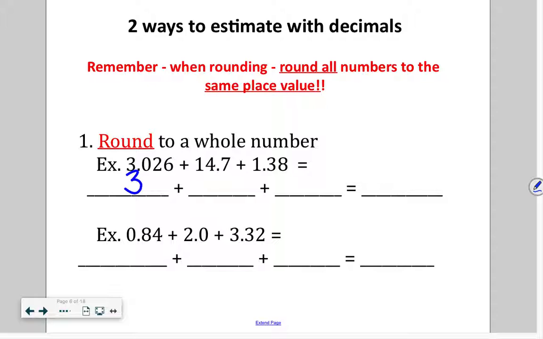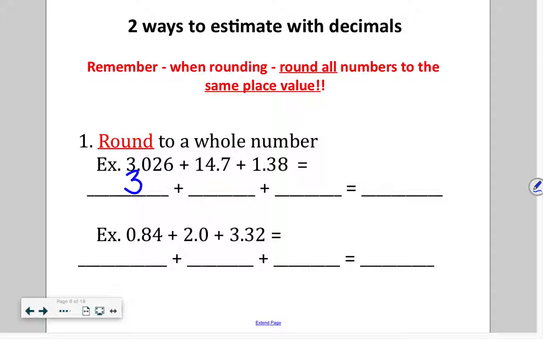So do you remember what a counting number is? If I'm just going to count, what number do I start with? 1. 1, 2, 3, 4, 5. A whole number, there's only one difference, remember? Whole numbers start at 0, exactly. So anytime we're rounding to a whole number, it's going to be numbers like 0, 1, 2, 3, 4, 5, continuing in that sequence.